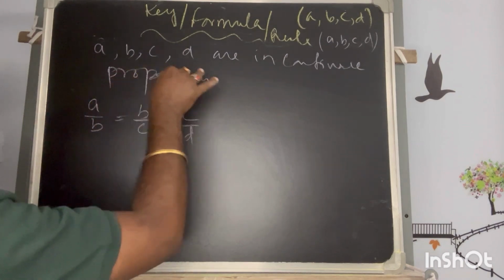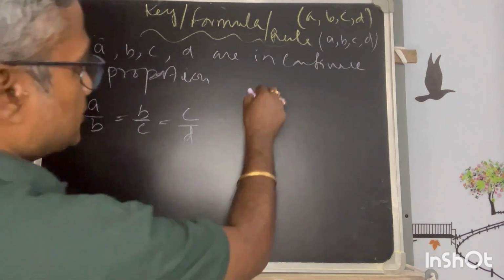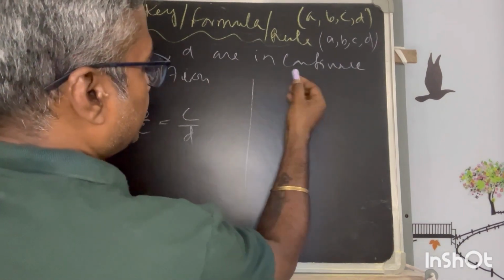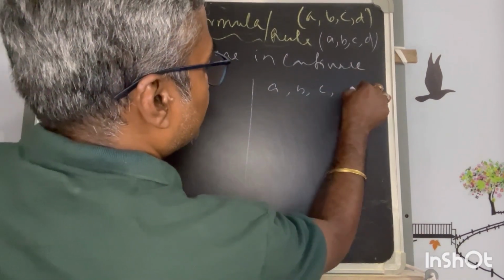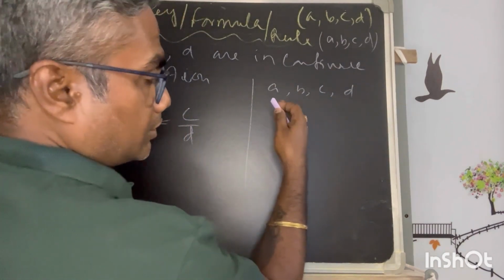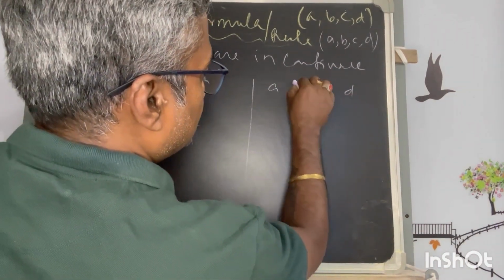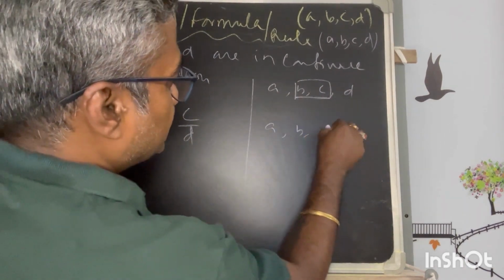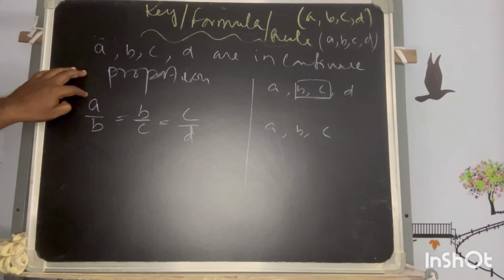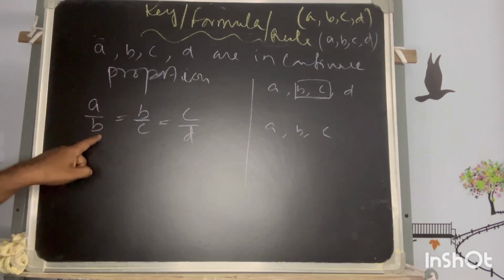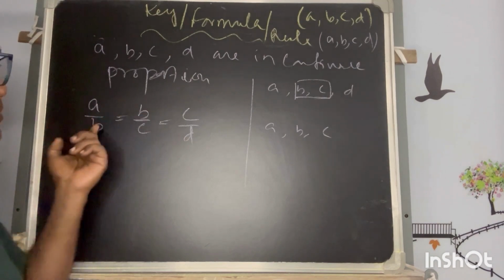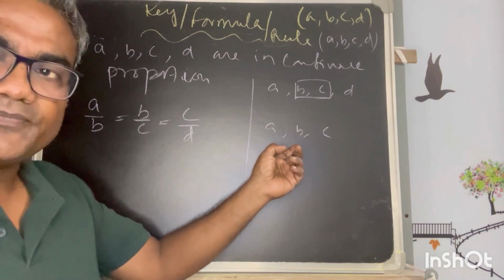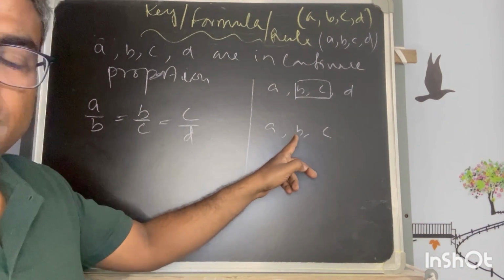Because if I am assuming these are in continuous relation, what is the thing that I have to look after? Any numbers, as in the case of A, B, C, D, have to be in continued proportion. Then we do the LCM. Now in this case, for the first three terms A, B, C, if they are in continued proportion, then we have to do the LCM of these two terms. So now these two terms are equal, and if these two terms are equal, your LCM will always be the same, B. B will come as the LCM.